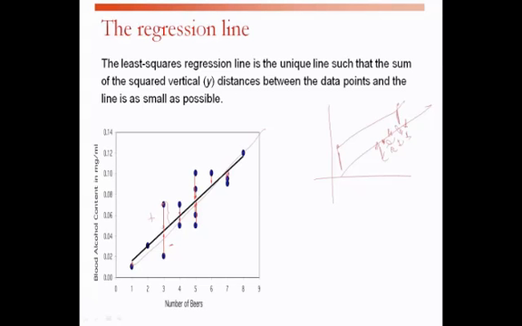But I don't really care whether it's up or down. What I care is how far you are. So think of it this way. Let's assume the line is really the average, and each of these points is an individual value.